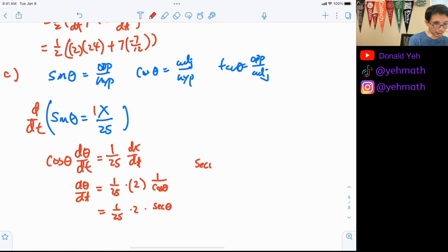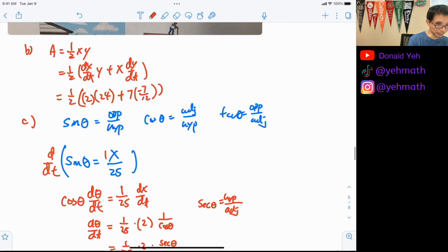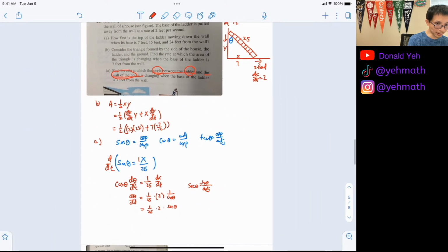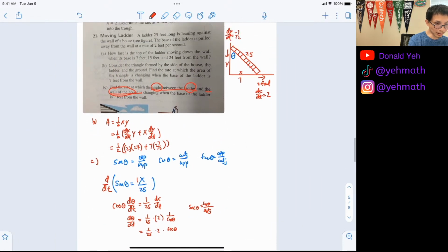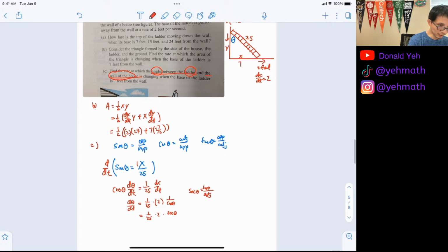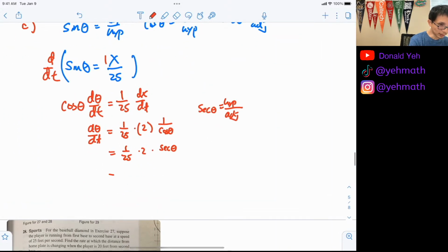Secant of theta is a trig ratio, so it should be a fraction: hypotenuse over adjacent. So go back and look at the triangle. The hypotenuse is 25, and the adjacent is 24, which we got from before. So you should get 1 over 25 times 2 times 25 over 24.